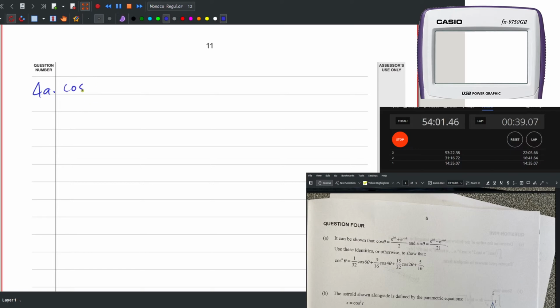Because you go cos of 6 theta equals... Actually, maybe you don't want to bash this one. I think they made it 6, so it's really hard to bash.